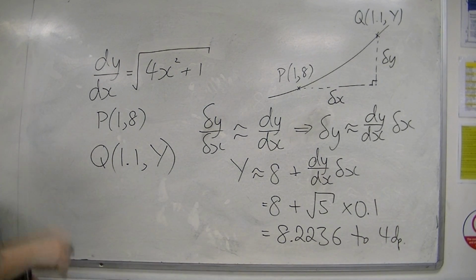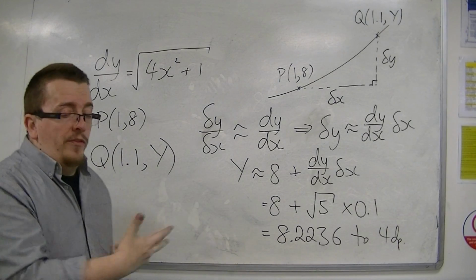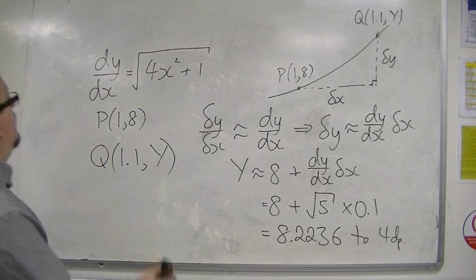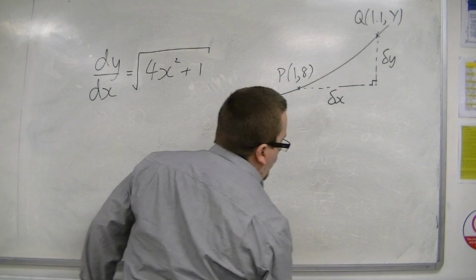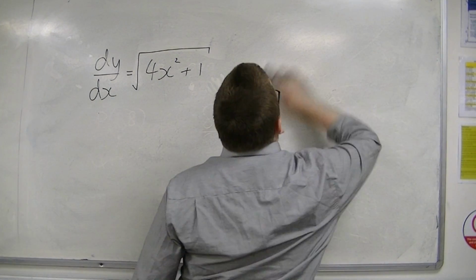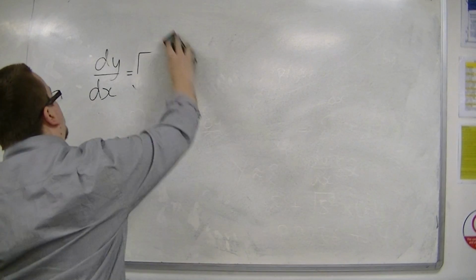Okay, so if we want to generalize this, this is what Euler's step-by-step method would be saying.